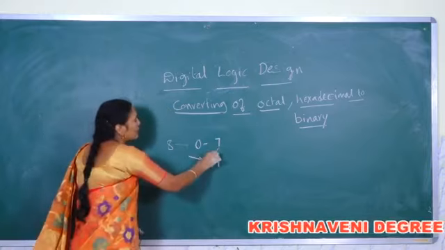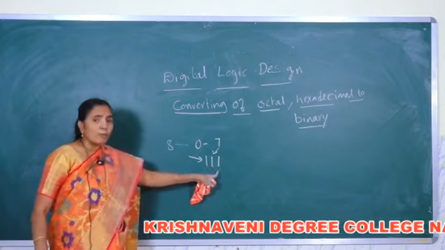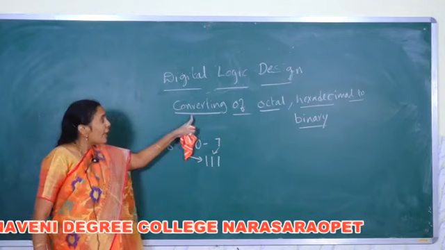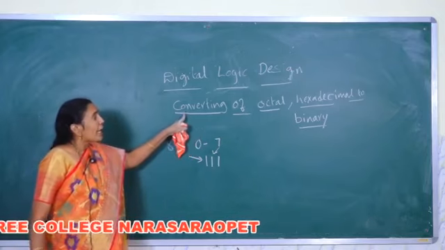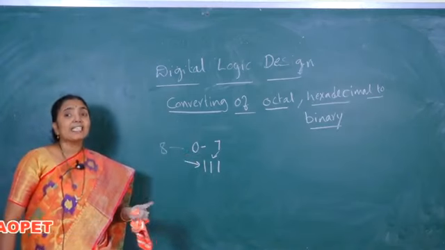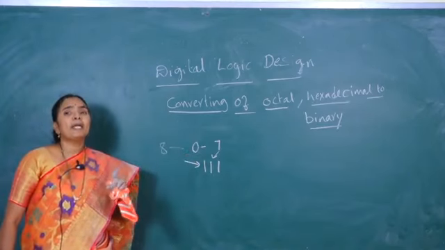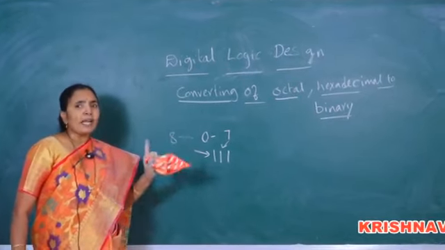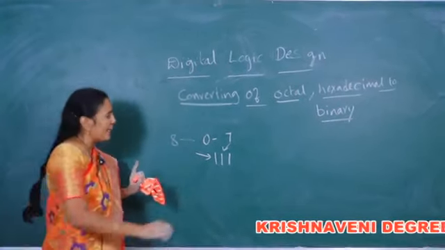The value of 7 when represented in binary is 111. So, when I want to convert any octal number to binary, each octal digit is converted into a 3-bit binary number. Then as a whole, we get a number represented in binary format.